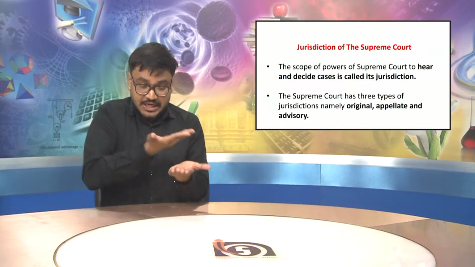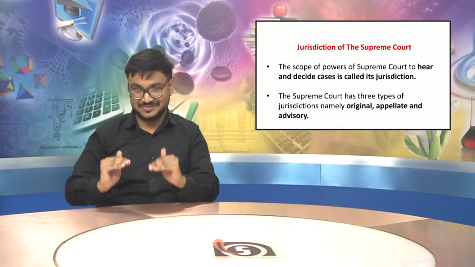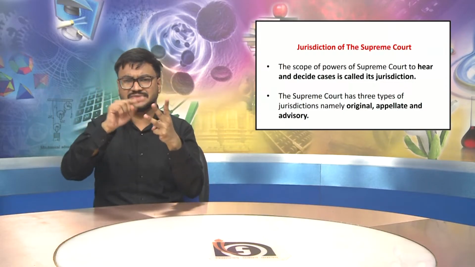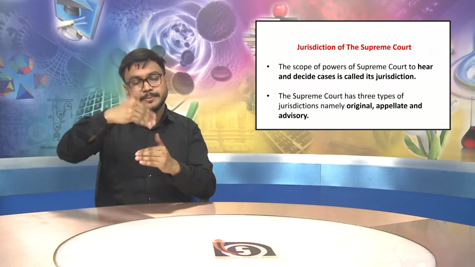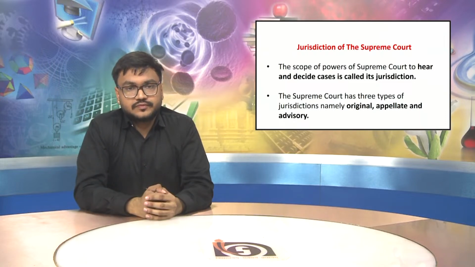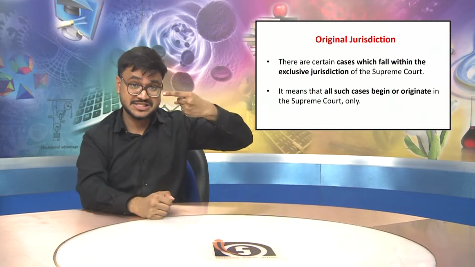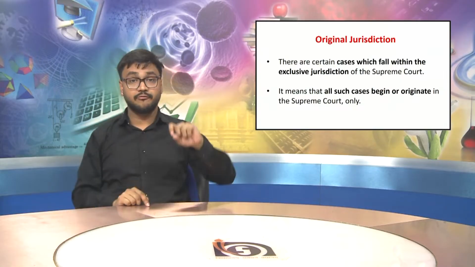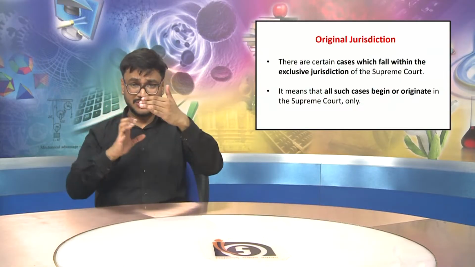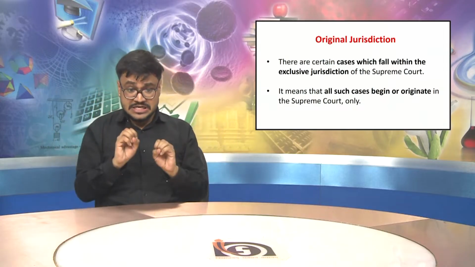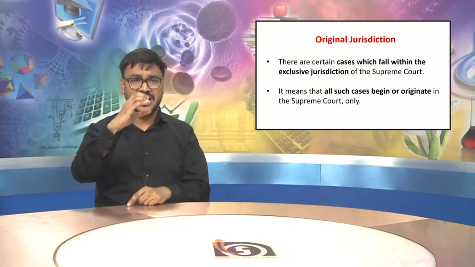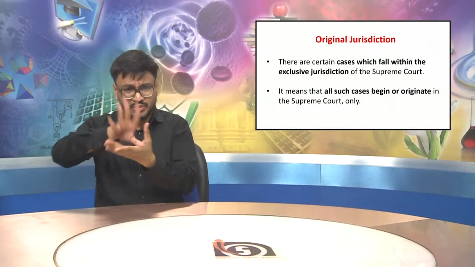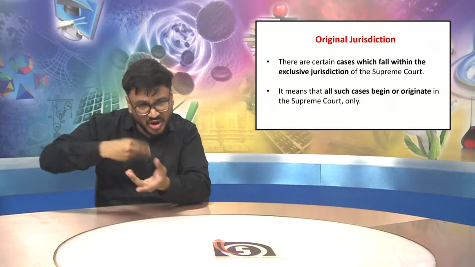The Supreme Court has three types of jurisdictions, namely original, appellate and advisory. Now first we will look at what is original jurisdiction. There are certain cases which fall within the exclusive jurisdiction of the Supreme Court.